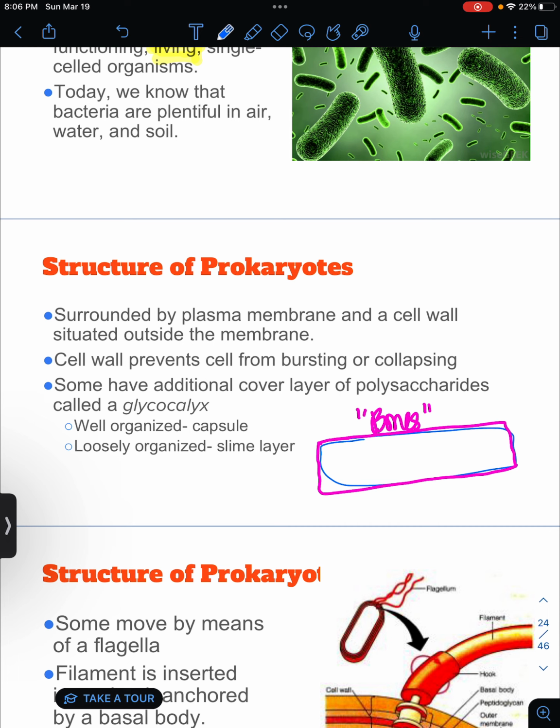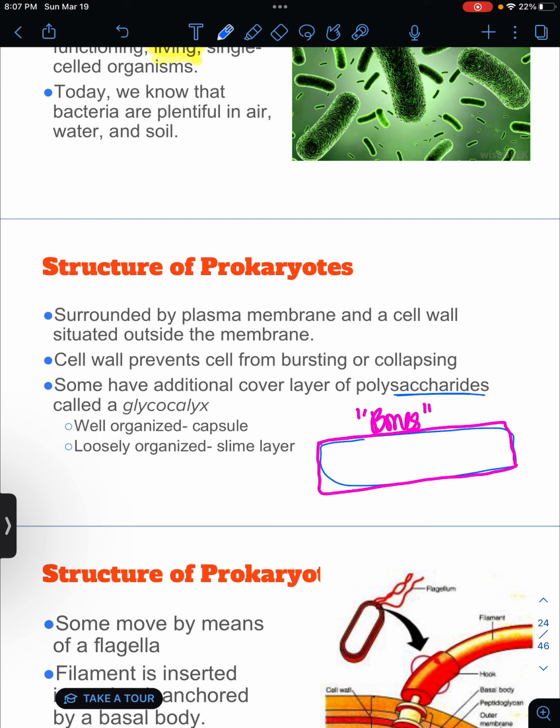Some have an additional covering layer of polysaccharides called a glycocalyx, and it's really sticky. If you'll remember, I'm sure you don't, but saccharides are sugars. These guys are sugars. And there's two different types of these sugar layers.